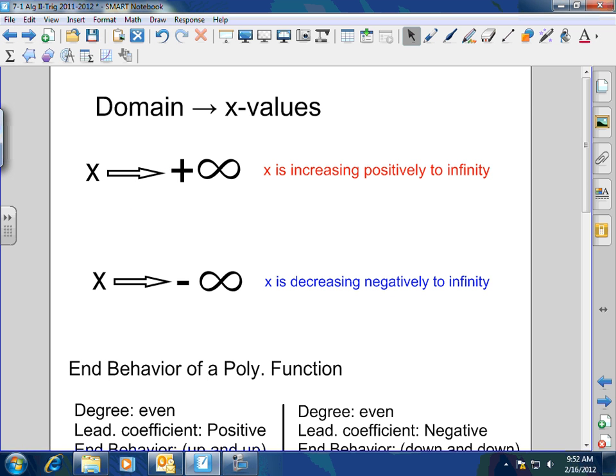Well, first of all, remember that the domain values are x values. And this right here, x arrow to infinity, just to review what we've already learned: x is increasing positively to infinity. That means it's going further and further to the right, slowly but surely.